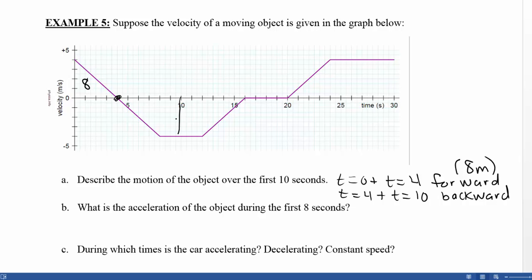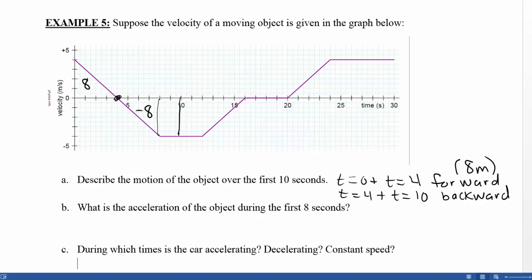If I wanted to find the area underneath the curve, I'm going to break this up into 2 pieces so that I have a rectangle and a triangle. So my triangle goes from 4 to 8, so that's 4 units for the base. And again, that comes down to -4 for the height. So 1/2 base times height gives me -8 for my triangle.